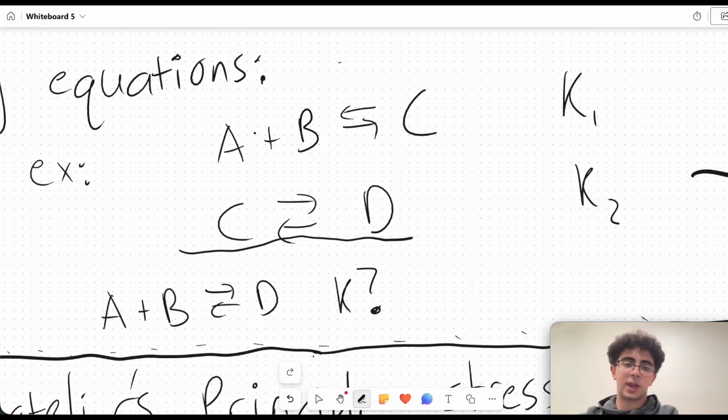If the first reaction has a K value of K1 and the second one has K2, then the K for the added reactions is equal to K1 times K2. So adding reactions is the same as multiplying their Ks.